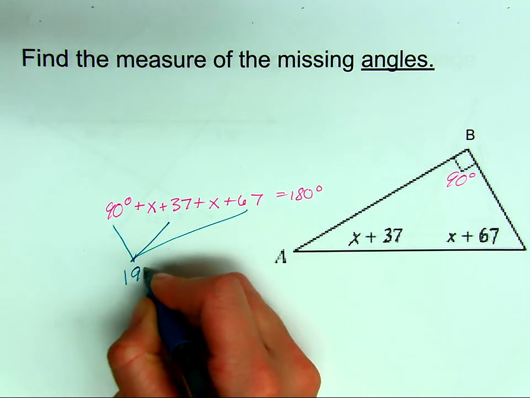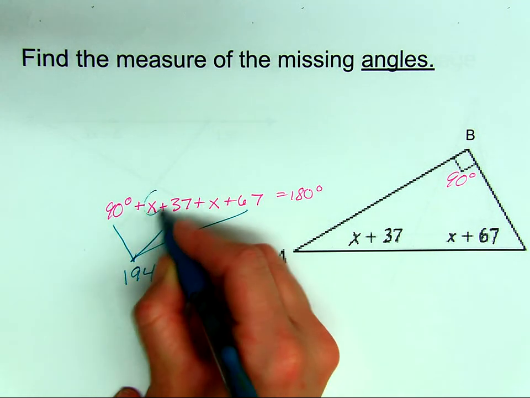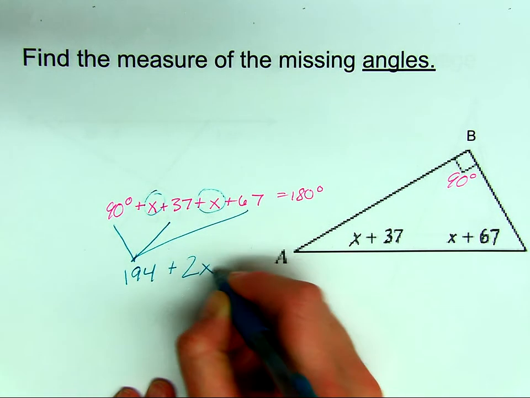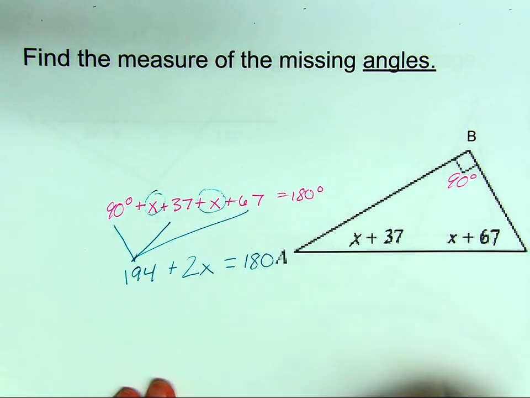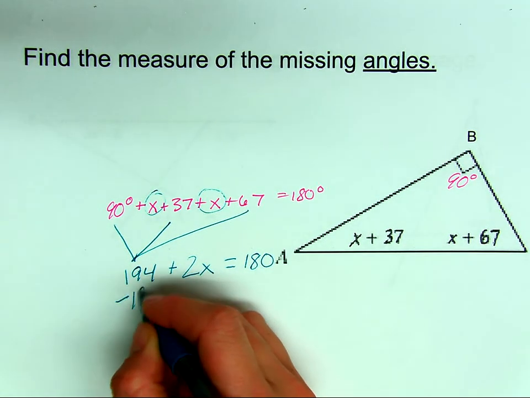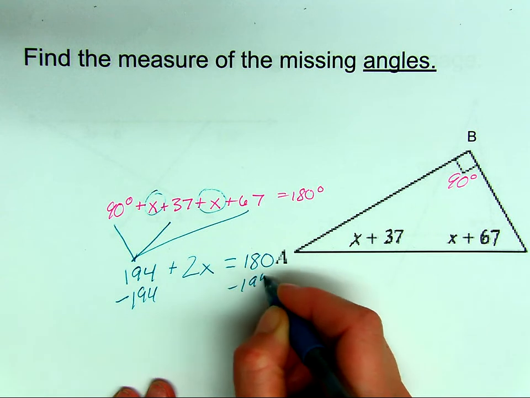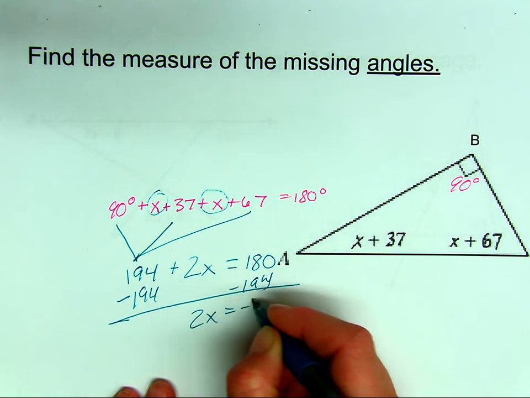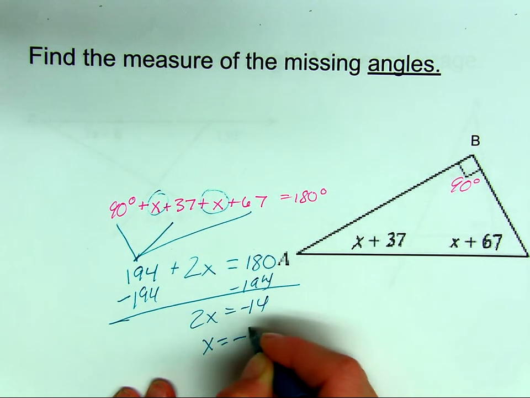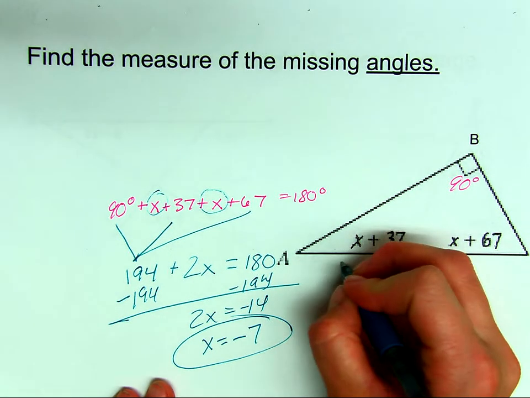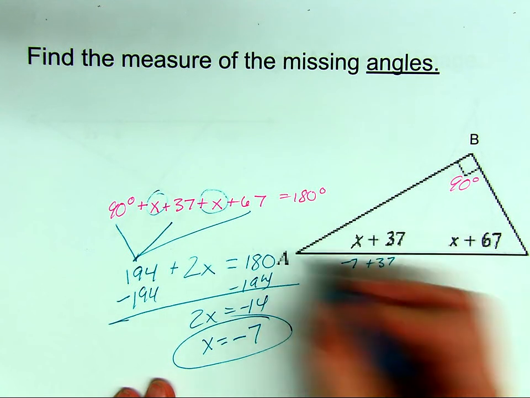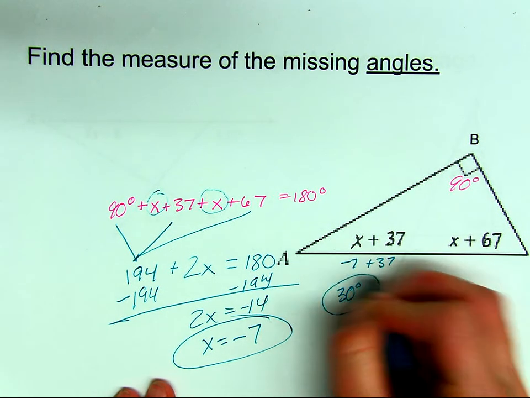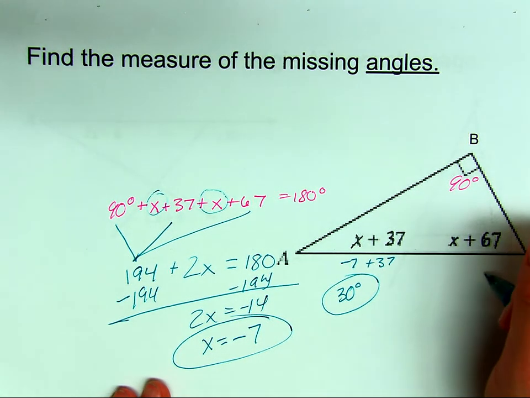Got 194 plus my 2x equals 180. So I got x equals negative 7 again. So measure of angle A happens to be 30 degrees. Measure of angle B is going to be 60 degrees.